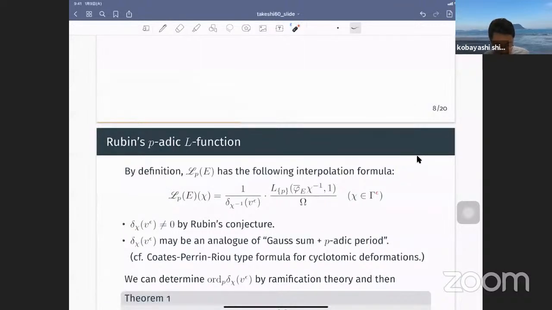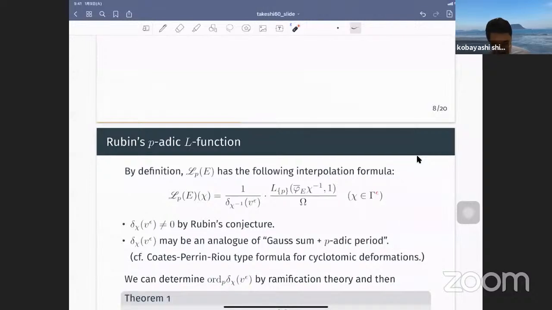Actually, this is a computation of the p-adic variation of a Gauss sum. Of course, for the classical Gauss sum, it is really easy to determine the variation because the Gauss sum is defined very explicitly. But for example, in the anticyclotomic case, we don't know a good system of uniformizers like cyclotomic units, so there's no explicit way to define this.